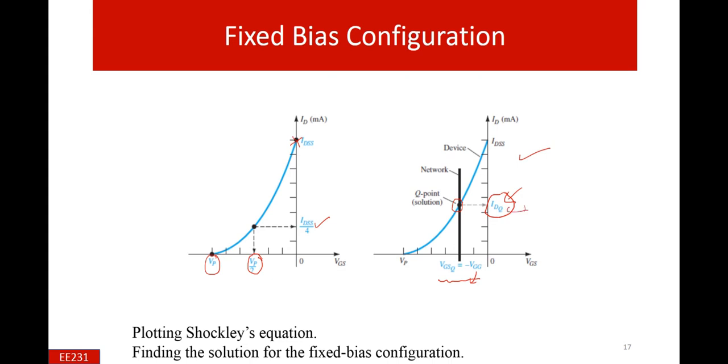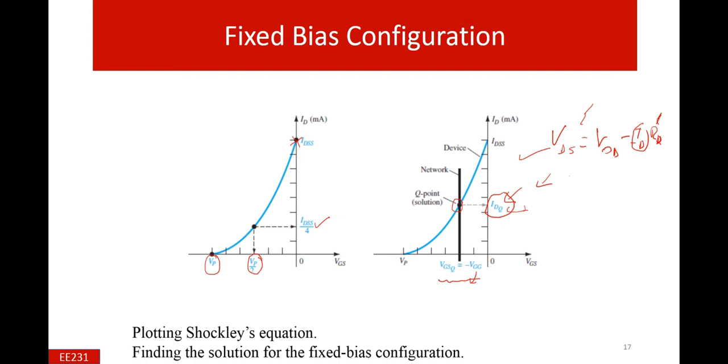And if we find the current, we can definitely find VDS, which is the unknown parameter. We derived in the last lesson that it is equal to VDD minus ID RD. RD is given, and ID can be found graphically or numerically. This is the first parameter.